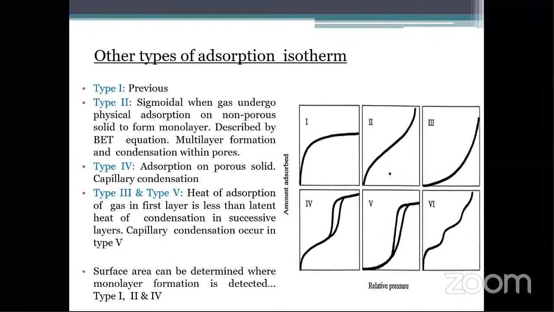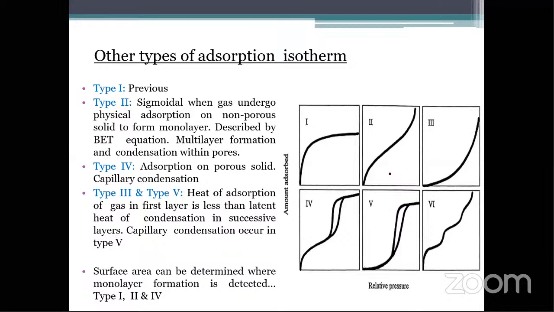Next are various examples of different types of adsorption isotherm. See that here I have given a total of 6 types. Okay, so one by one we will discuss them. The first one is type 1.